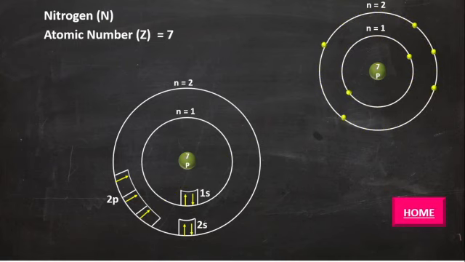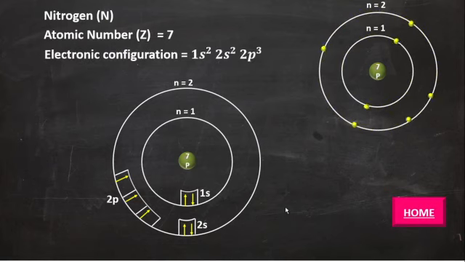Okay, so these are the 7 electrons present in the nitrogen atom. So there are 3 unpaired electrons in nitrogen atom. So here the electronic configuration is 1s2 2s2 2p3.